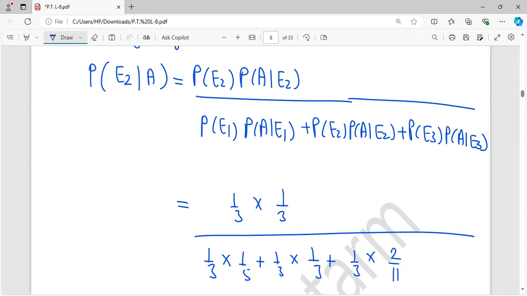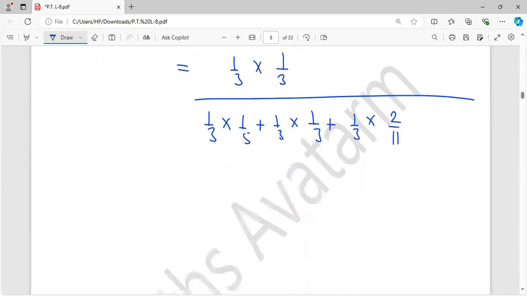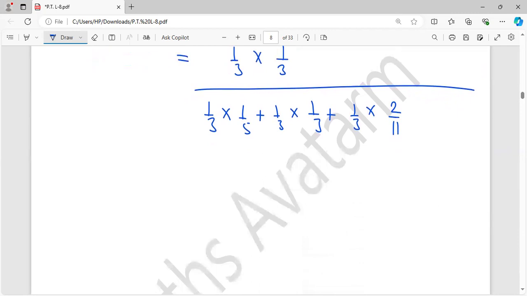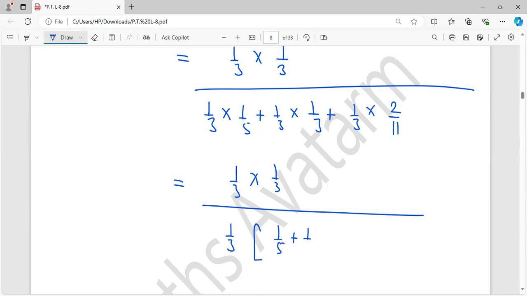So 1 by 3 will be common. You take 1 by 3 common and solve: 1 by 5 plus 1 by 3, 2 by 11.